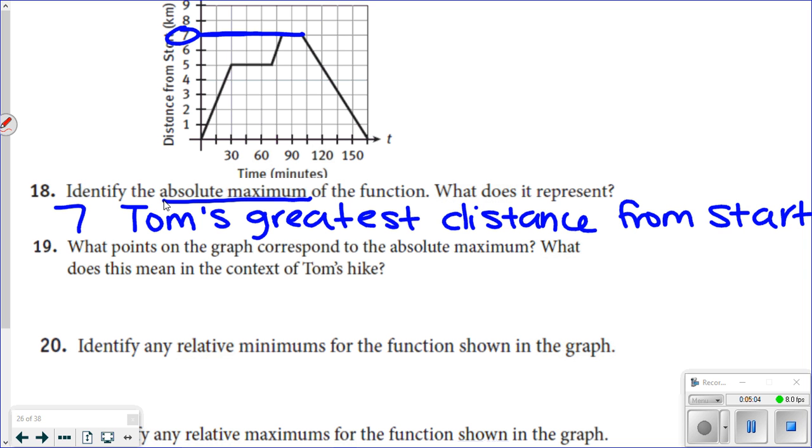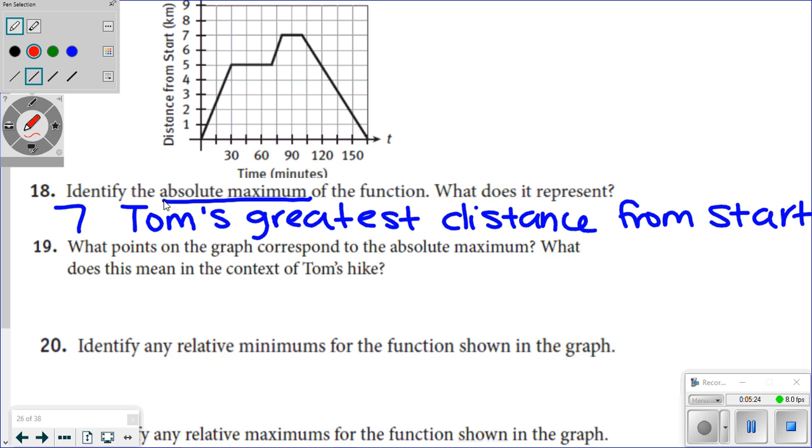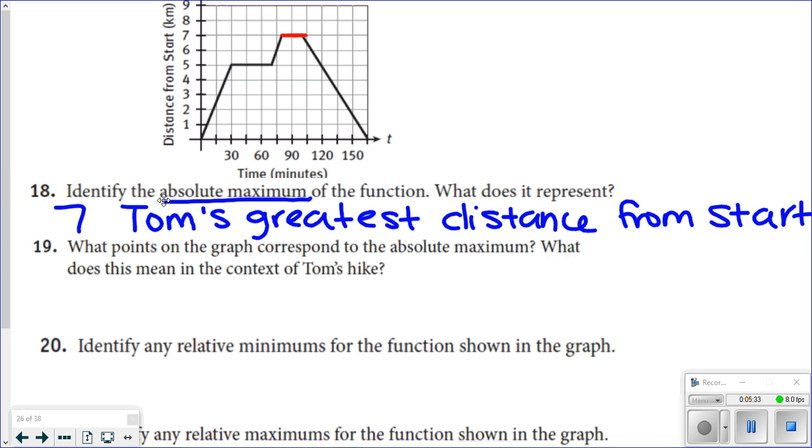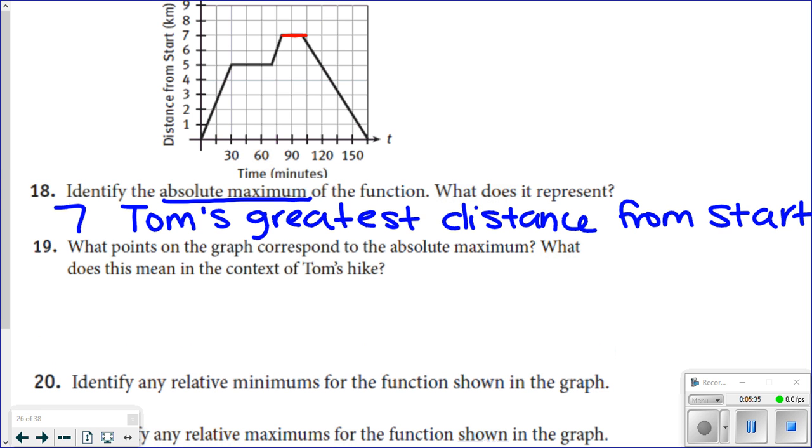What points on the graph correspond to the absolute maximum? And what does this mean in the context of Tom's hike? Here is our area where we're at 7. Where does this start?